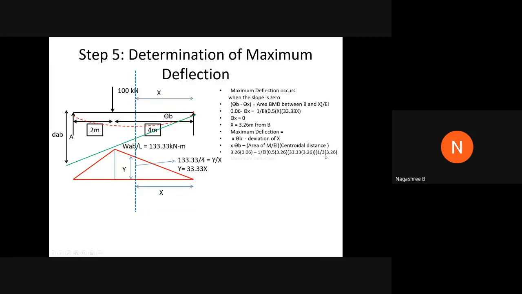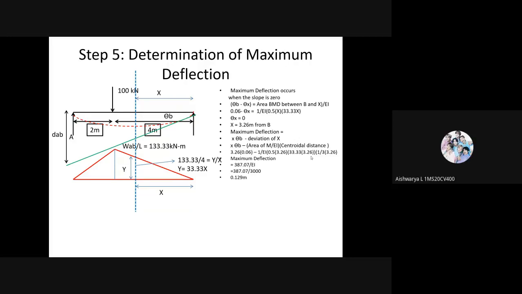After all this simplification, the maximum deflection is 387.07 divided by EI. EI is 3000 kilonewton meter square, so after substitution I get 0.129 meters. So this is how to determine the maximum deflection.